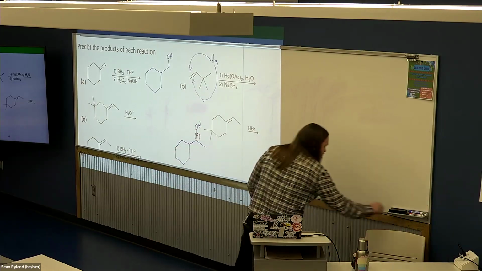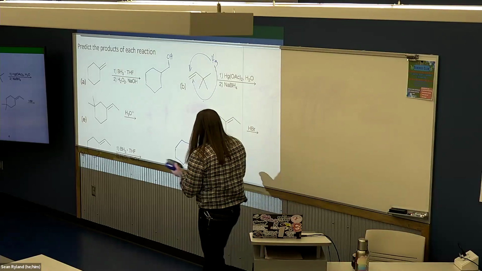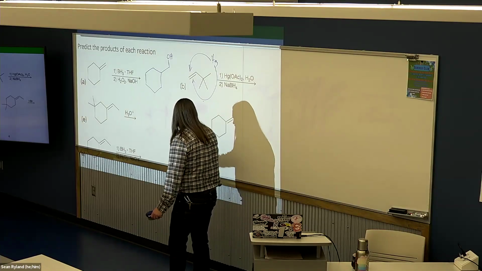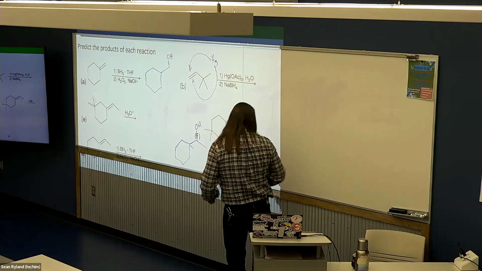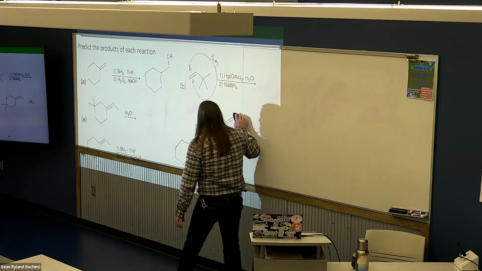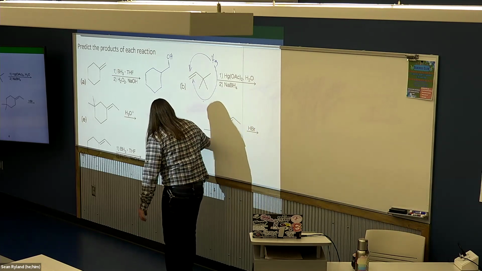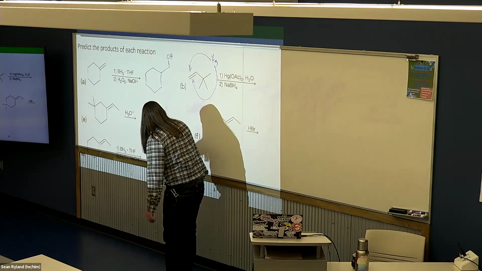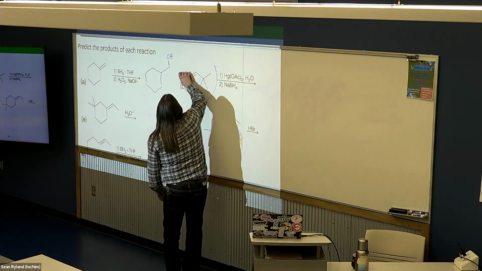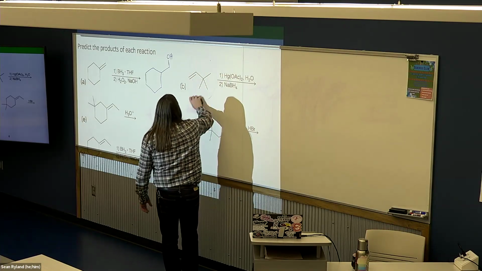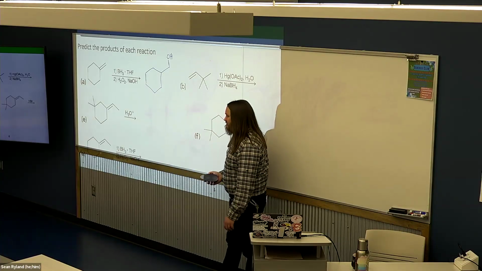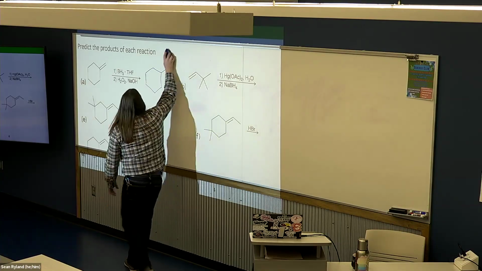Right, so this carbon is not chiral, but this one is. So we do have a stereocenter. Chiral carbon means it's attached to four different things, which means, yeah, exactly.